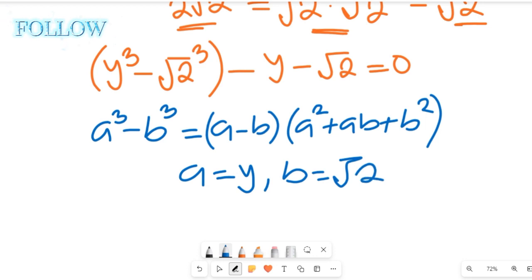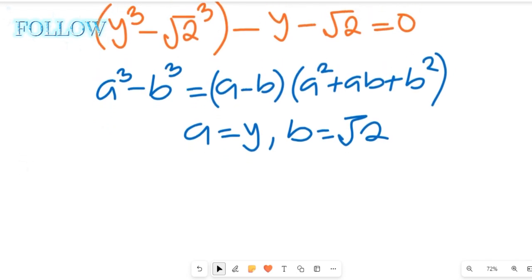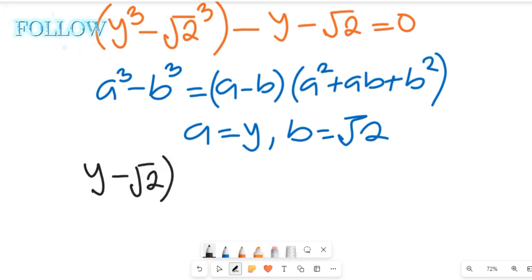Now let's bring this expression into light. Let's apply that expression into that equation. If we apply that expression into the equation, we're going to have y minus root 2, right?